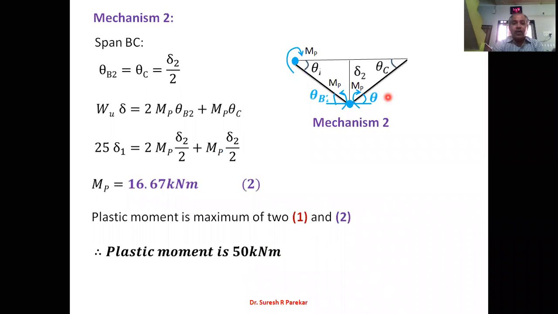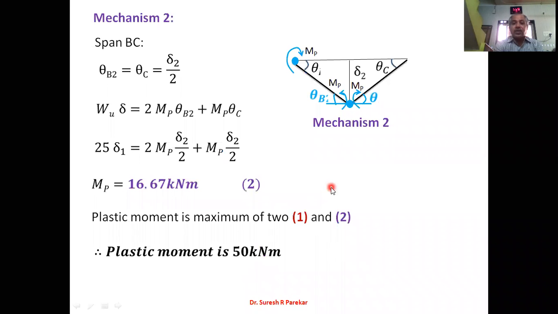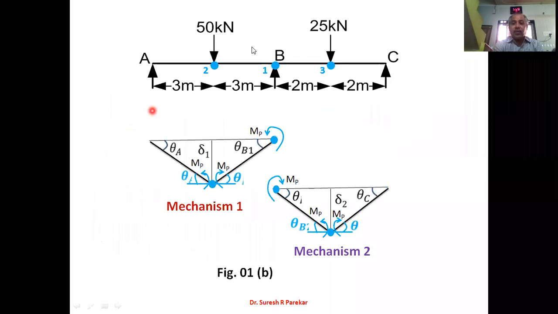Now for span BC, theta B2 equals theta C, which is delta 2 by 2, because here the span is 2 and 2, 4 meter. So we have considered theta B2 equal to theta C, delta 2 by 2. And now we substitute the values. We have W2, here we have 25.